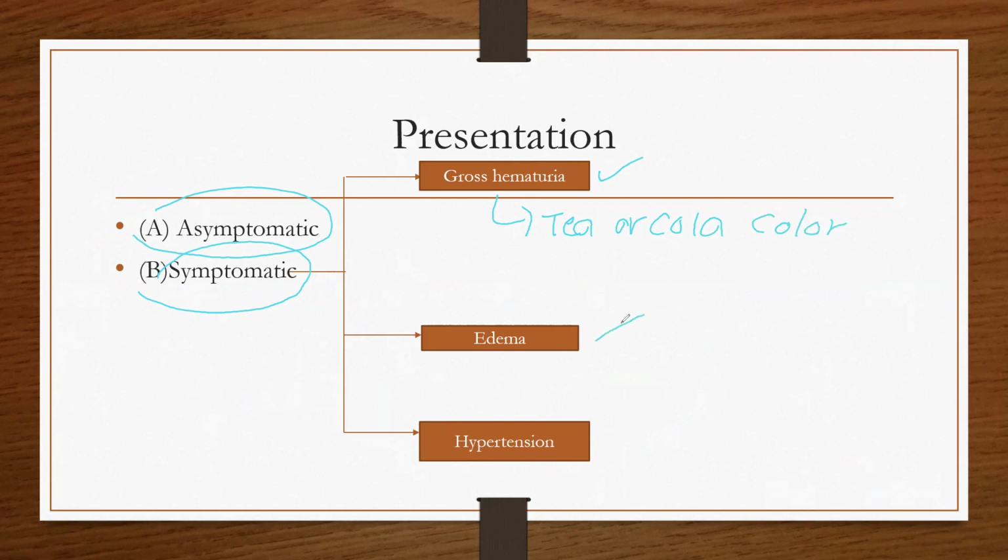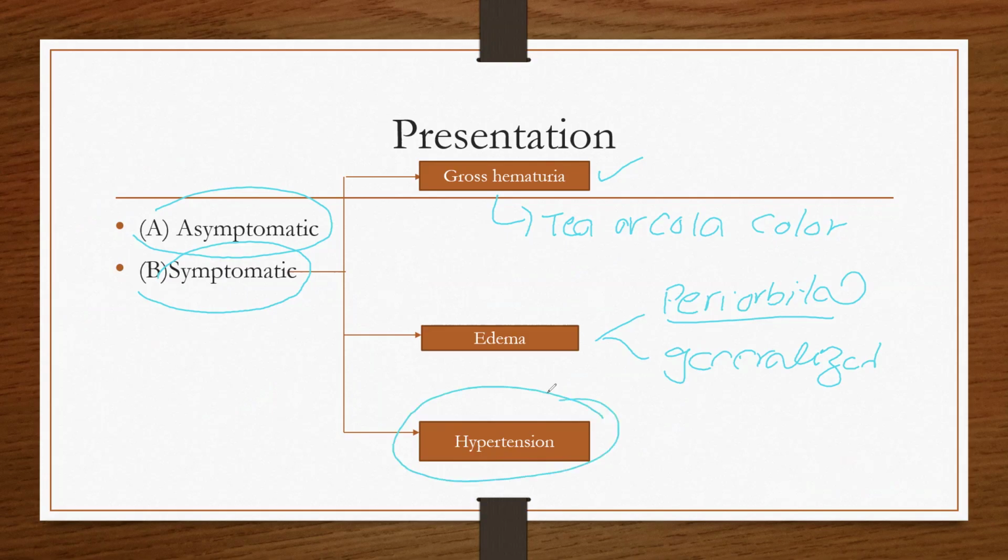Then edema, that may be periorbital edema or generalized edema. Then hypertension, we already know how glomerulonephritis leads to hypertension.